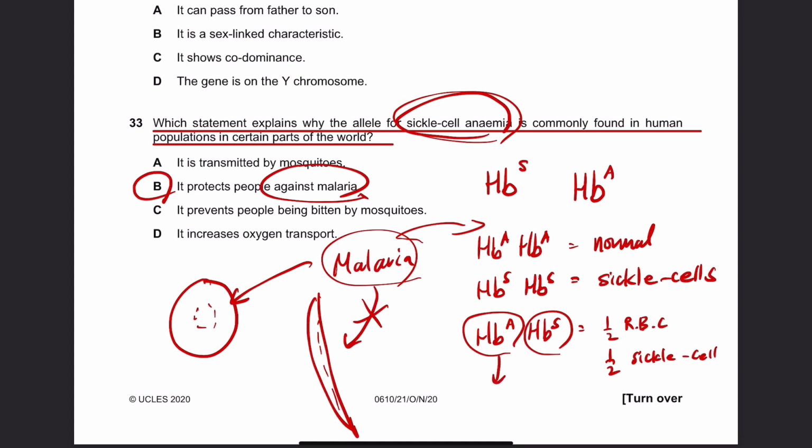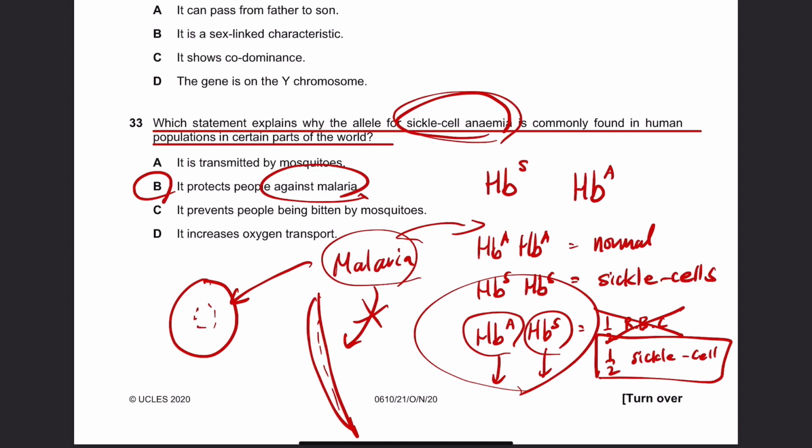One is the normal hemoglobin or normal red blood cell. The other one is the sickle-shaped hemoglobin or red blood cells. So when this is affected, this one still survives, and they can still transport oxygen. Not much, but yeah, they still do the job. So the B is the answer.